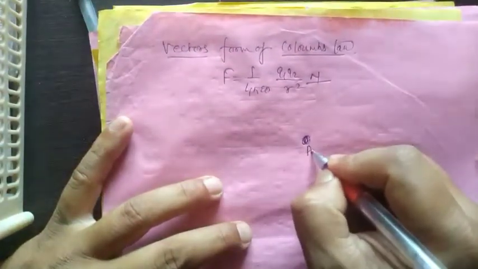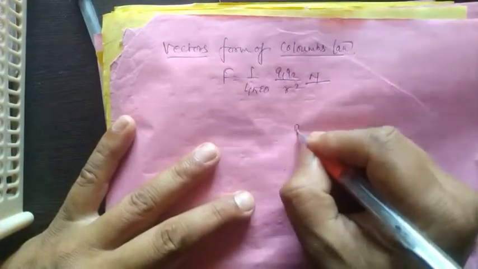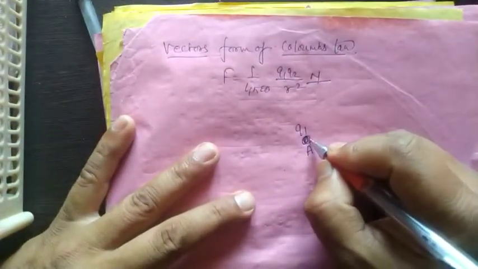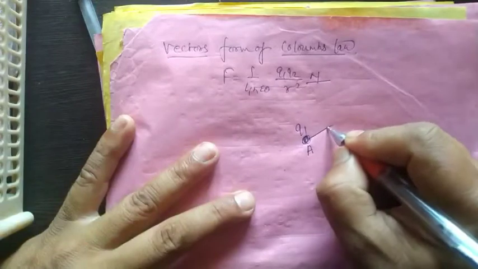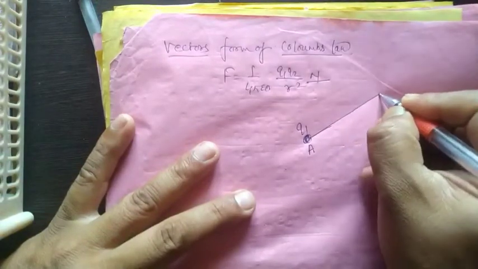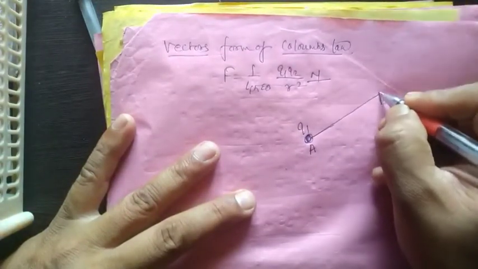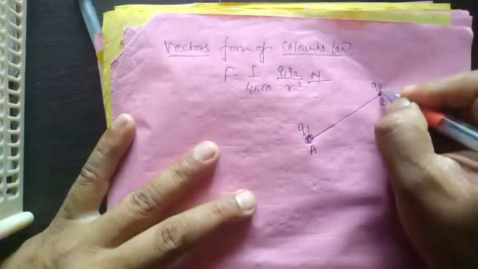The Q1 charge is situated at a point A, and the other is situated at a point B, which is the Q2 charge.